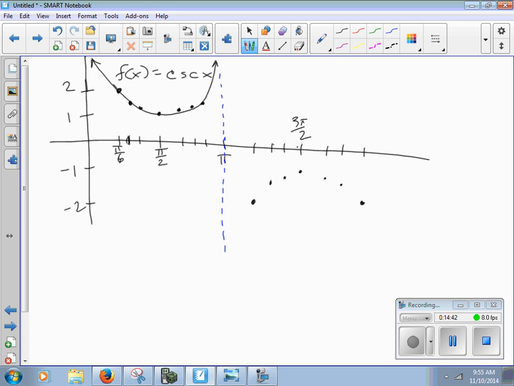And then what happened at 2 pi again? Another asymptote. So what's that curve going to look like? It's going to look like an upside down parabola.